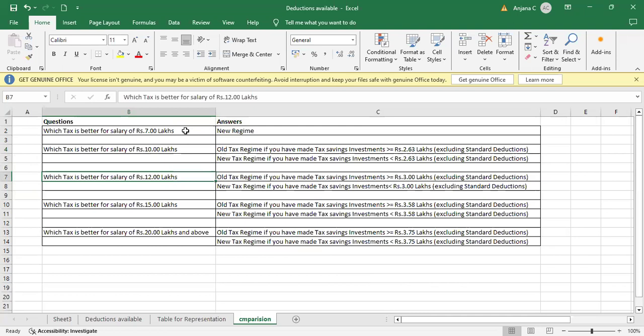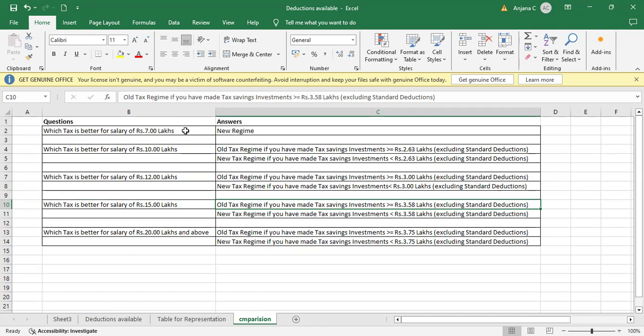Similarly, if your salary is 12 lakhs, and tax saving investment of greater than or equal to 3 lakhs is made, then please choose the old tax regime. If the tax investment is less than 3 lakhs, please choose the new tax regime. Similarly, for a salary in the bracket of 15 lakhs, if your tax savings investment is greater than or equal to 3.58 lakhs, then please choose the old tax regime.